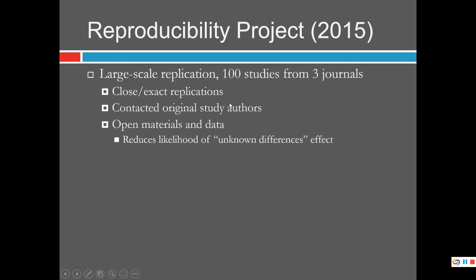So they were all from 2008. And they selected 100 studies from these three journals to try to replicate them with either a close or exact replication. They tried to get in touch with the original authors and made the materials and data from the replications available so people could compare them to the original studies.